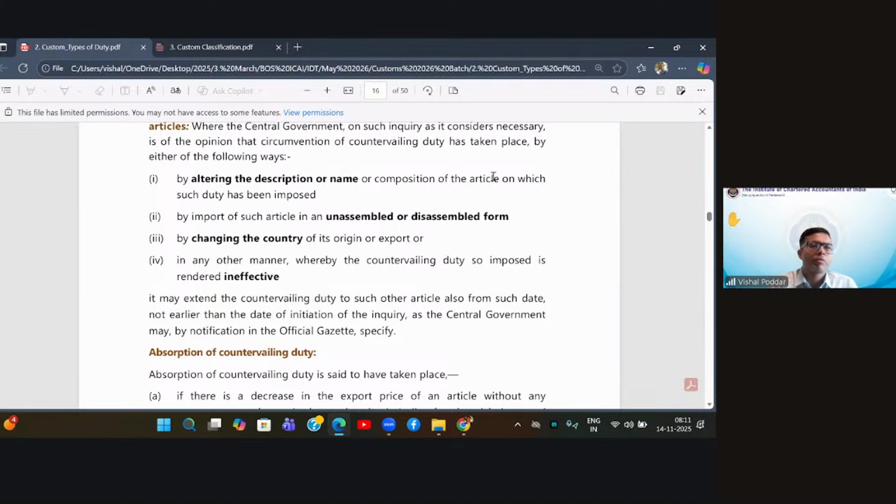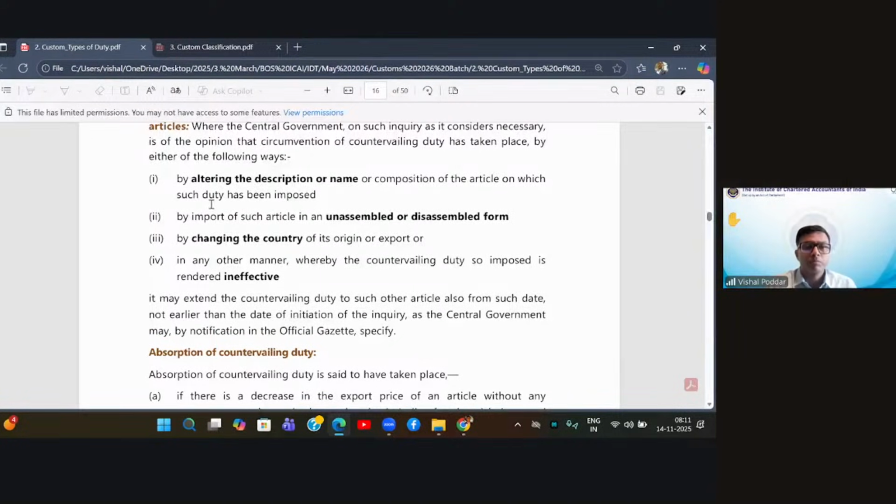So those exporters will sell the goods by changing the name or description, so that automatically the HSN changes, and the moment the HSN changes, we will not levy countervailing duty because for us those goods are not having subsidy. So this is the first mechanism which exporters may resort to.